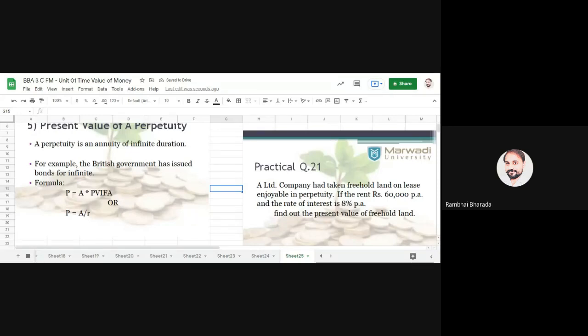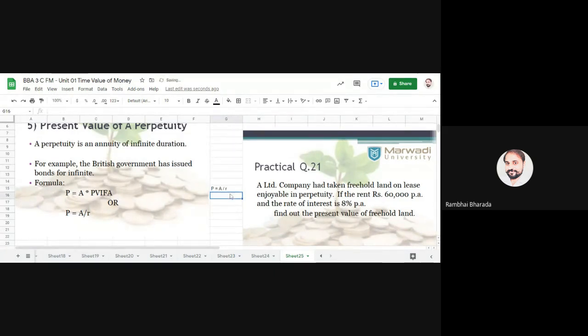A limited company has taken a freehold land on lease enjoyable for unlimited time. If the rent is 60,000 per annum and the rate of interest is 8%, find out the present value of that particular land. So very simple, put the values. P is equal to A divided by R.